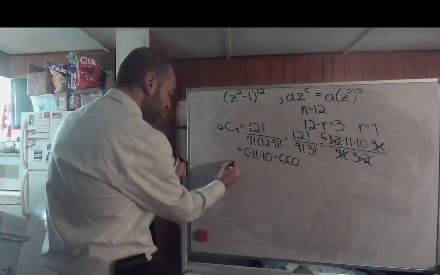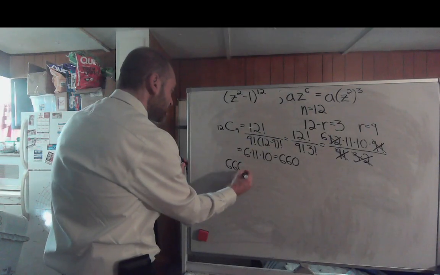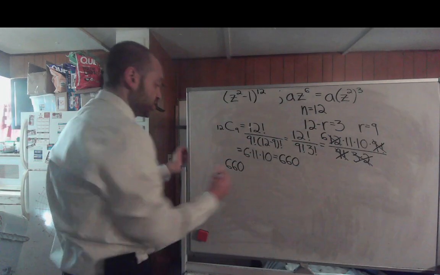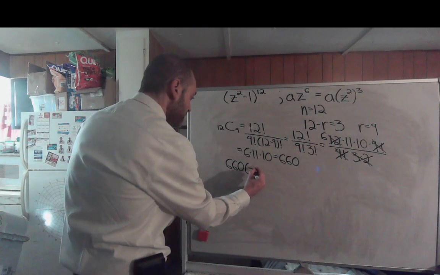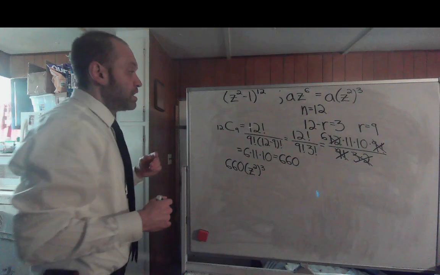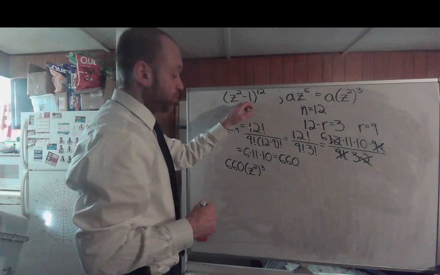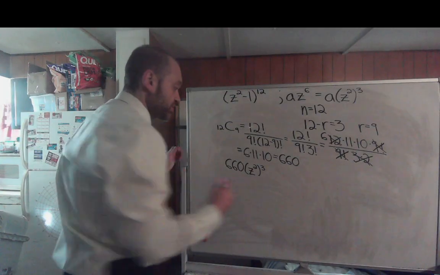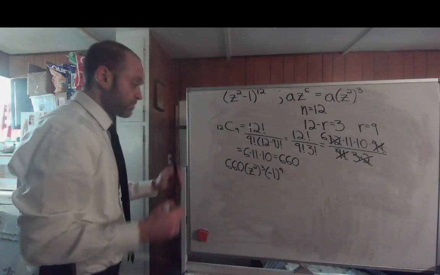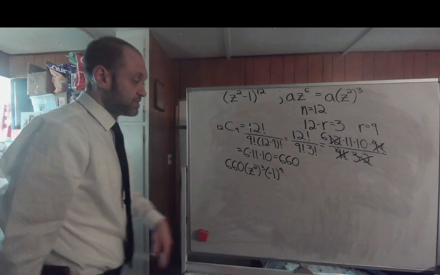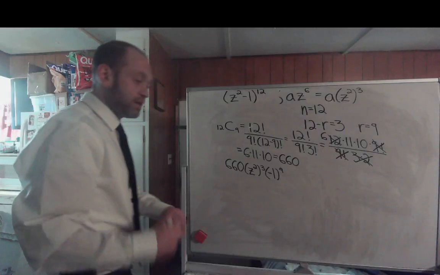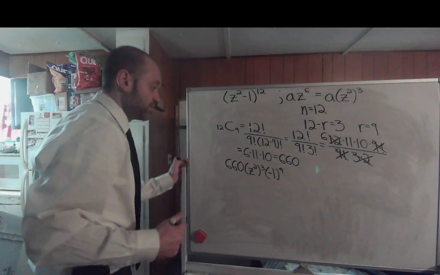So now take your coefficient times that z squared, which is raised to the third power, and then we know the second term, the -1, would just be raised to the r power, so that would be 9. This would be times -1 to the 9th. Well, good news is we have a -1 raised to a power. Since -1 is raised to an odd power, that means this will just be negative.